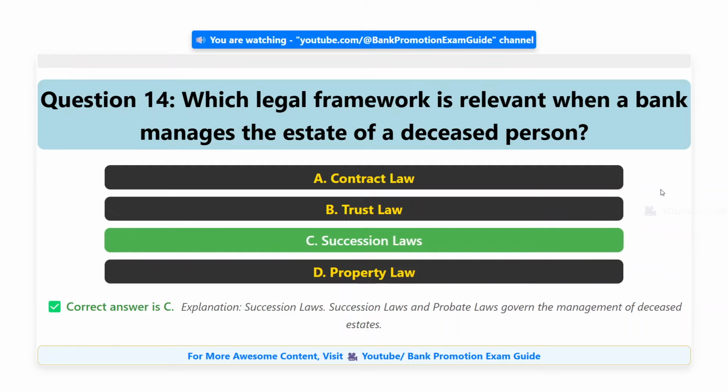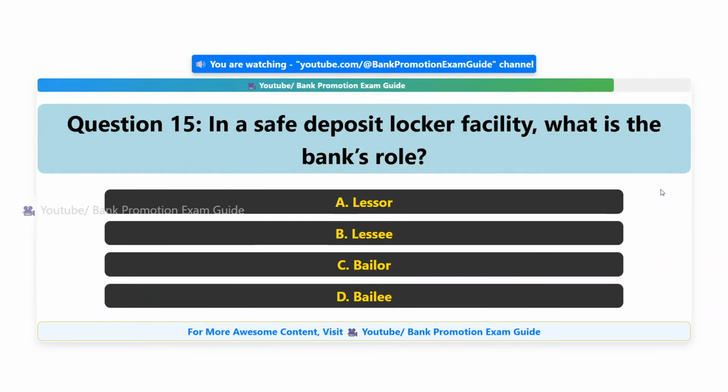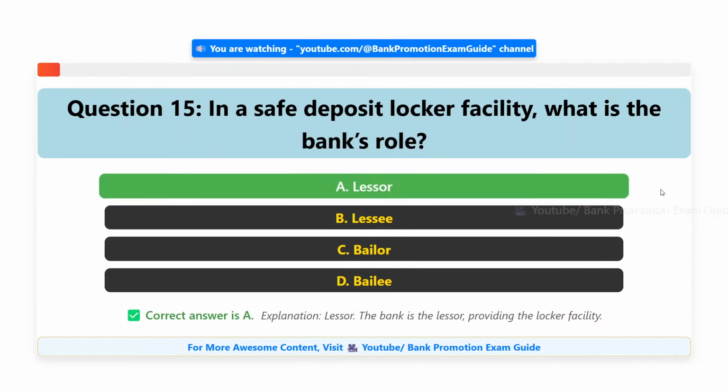Succession laws. Succession laws and probate laws govern the management of deceased estates. Question 15. In a safe deposit locker facility, what is the bank's role? Lessor. The bank is the lessor, providing the locker facility.